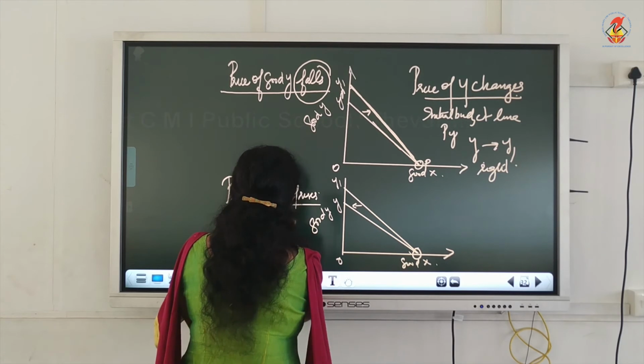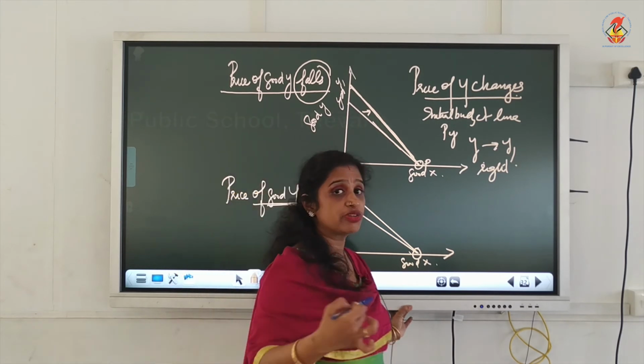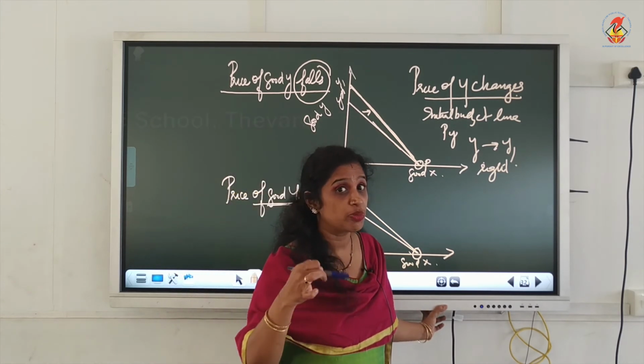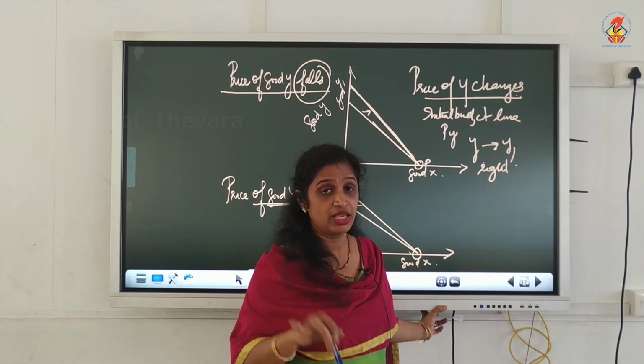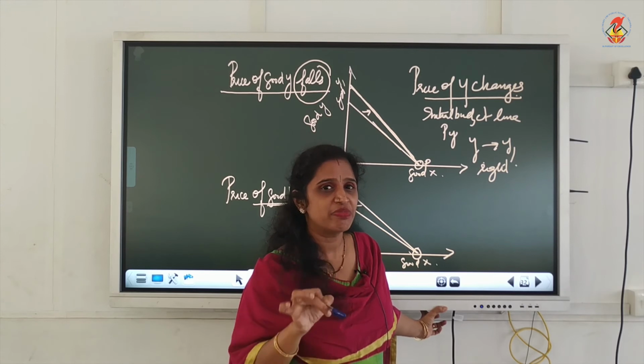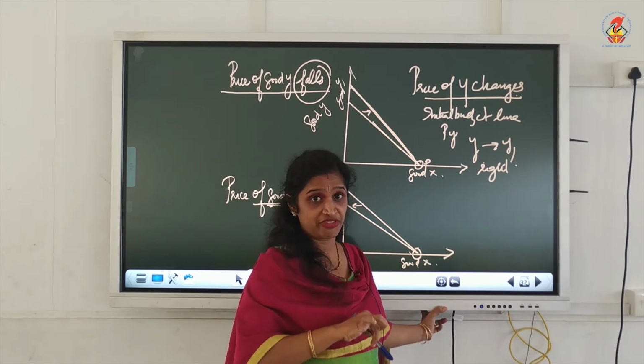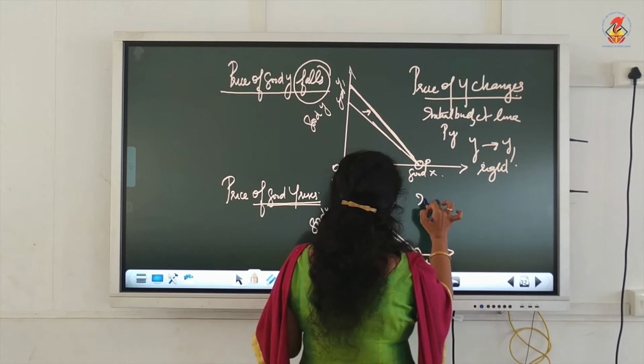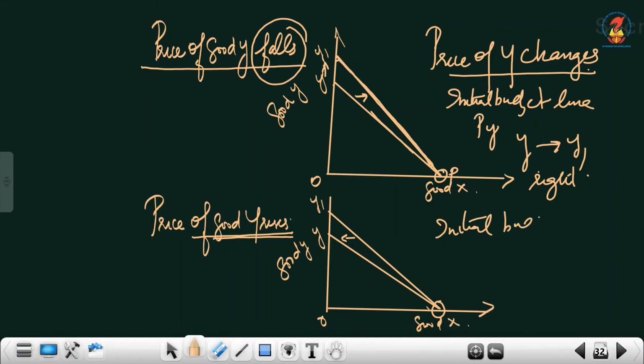Again, the price of good y rises. What will happen if the price of good y is rising? The consumer will purchase less of y, x being constant. So, concentrating on y, the budget line should shift to the left. Here the initial budget line is Py1.